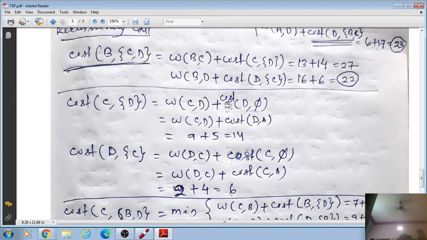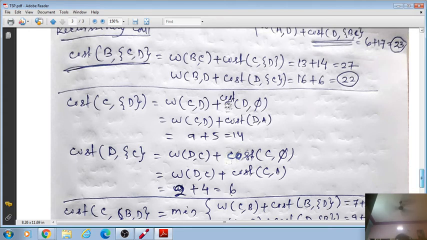So weight of DC, then cost of C to A is 4. So 6. So I have to put 6 here. So I am getting cost of BCD as 22. Among these, we have to choose the minimum. So 22 is the minimum.